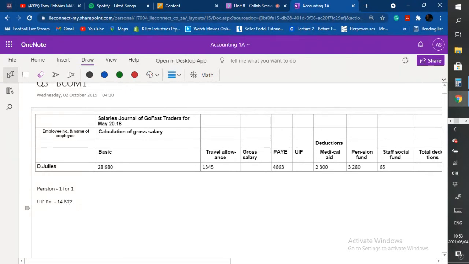So in other words, we know it's going to be his contribution and the employer's contribution, so times 0.01.